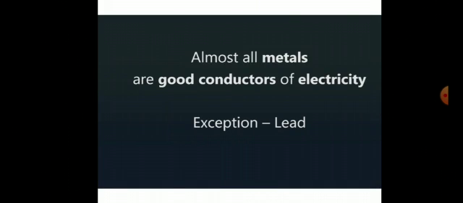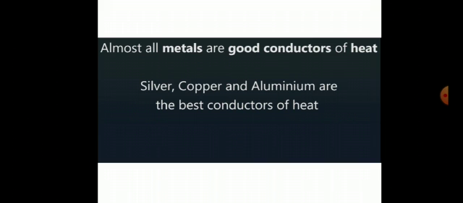Almost all metals are good conductors of electricity except lead. Copper wire, aluminium wires, they carry current. They are carriers of electricity. Almost all metals are good conductors of heat. Silver, copper, and aluminium are the best conductors of heat.